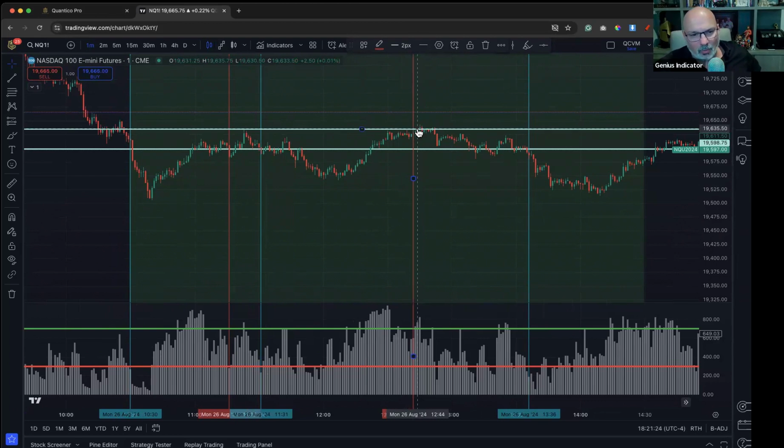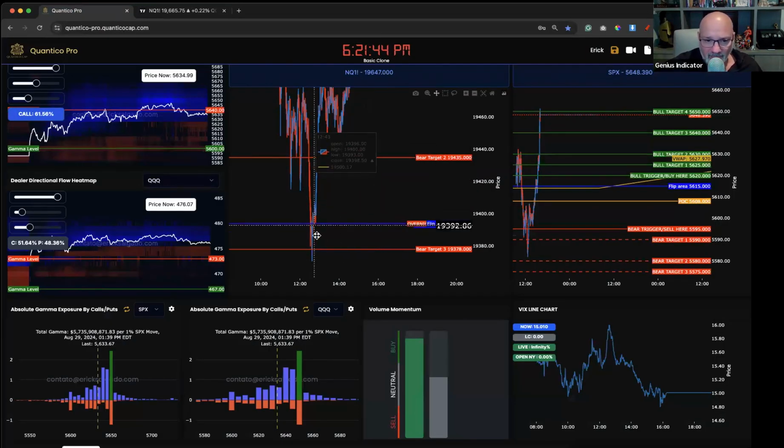Probably I would have a VAH or a POC or something there, right? But again, the backtest here I made for every single day, for a whole month, and it works every single day, and I'm not taking into consideration any level. But if you take the levels into consideration, because you don't have to take all the trades, you could be making even more money or avoiding some stops.